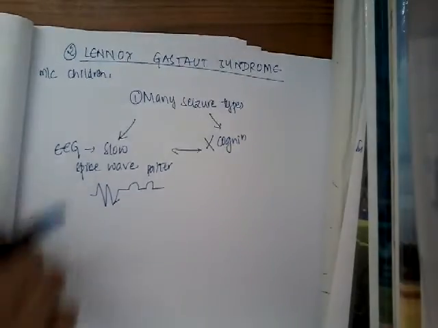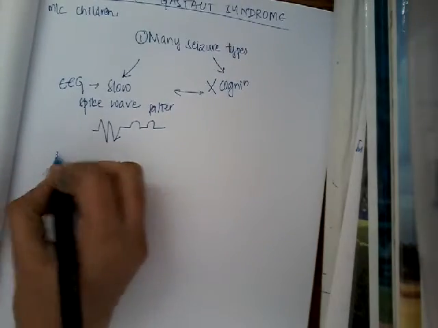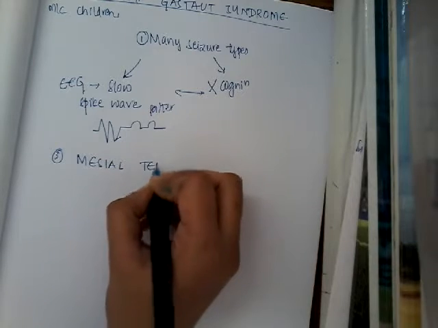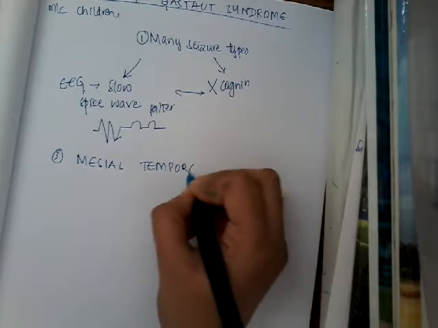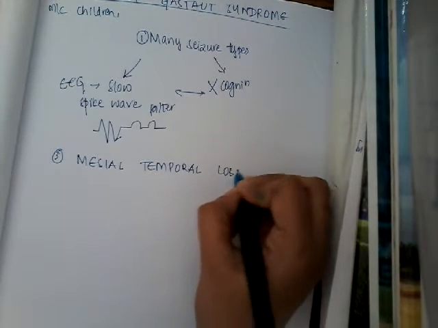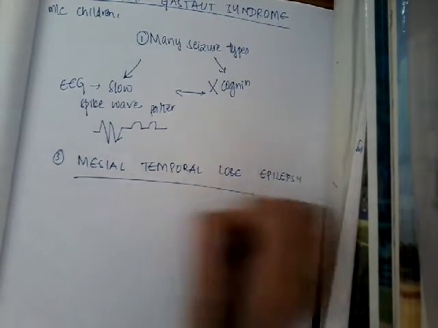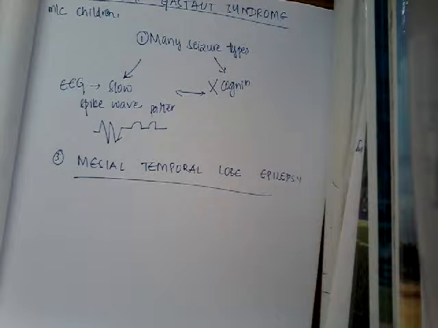And the third type of epilepsy syndrome, which is important, is mesial temporal lobe epilepsy syndrome.